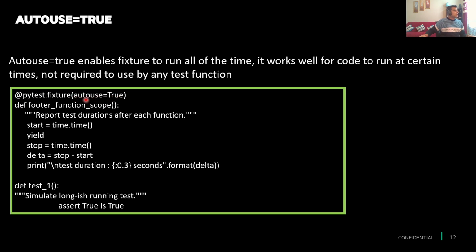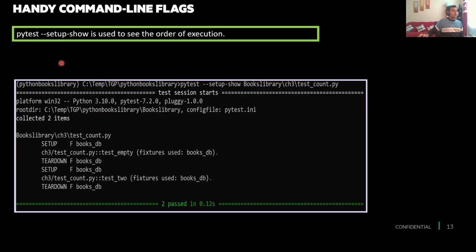As soon as we do, we don't even have to mention this fixture while writing our test cases. So we have test one, and we are not mentioning this fixture, but it is autouse and it depends on the scope. It is called as per the scope direction. That's very handy.